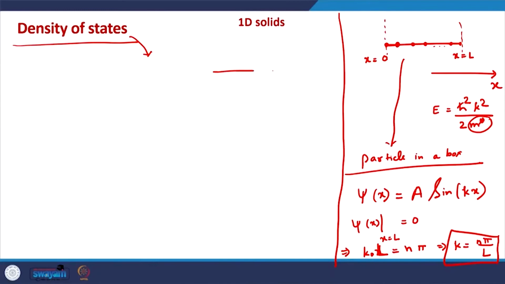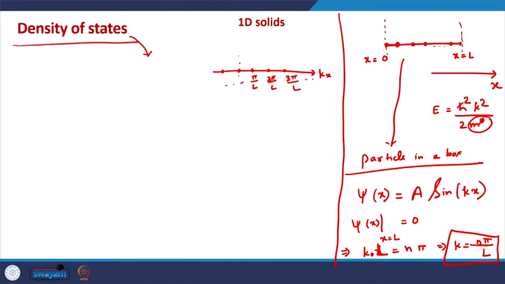So, the k space for a 1D solid will also be a one dimensional k space, only one axis, and the allowed k values will be n pi by L. So, the values will be these: pi by L, 2 pi by L, 3 pi by L, and so on.